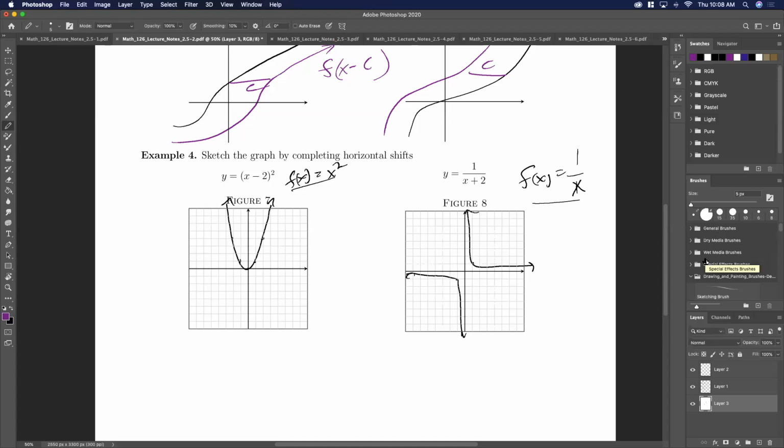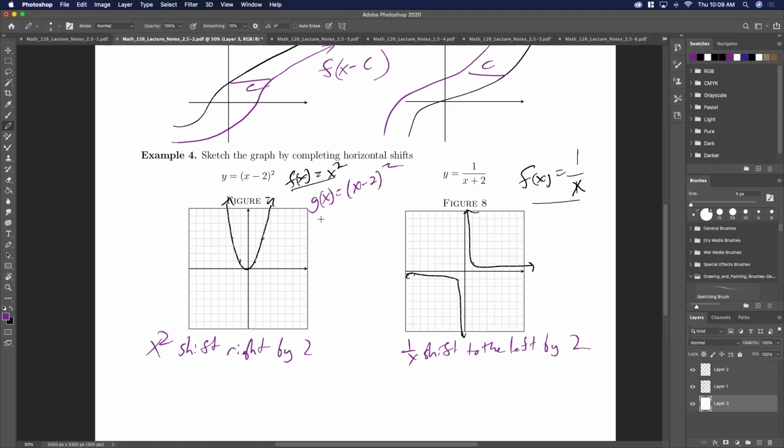So let's go to the alternate versions. Here I'm going to take x squared and shift it to the right by 2. And here I'm going to shift 1 over x to the left by 2. The reason is, let me write out g of x real quick. g of x equals x minus 2 squared.